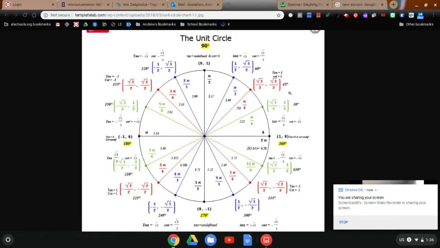You'll notice it has 30 degrees here, 45 degrees, 60 degrees, and so on. So 180 degrees is half a circle, halfway around, 360 degrees all the way around. If you're looking at that in terms of radians, halfway around the circle is 1 pi radian, and all the way around the circle is 2 pi radians.